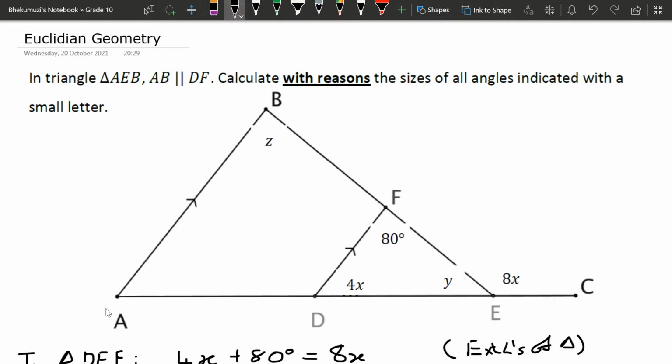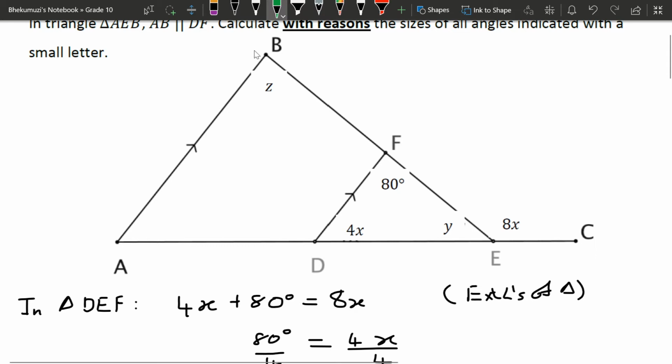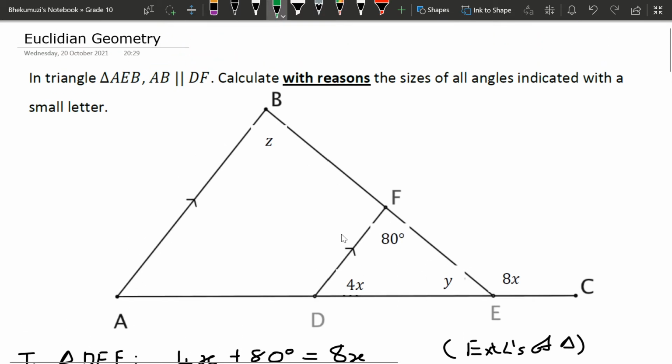How can we calculate x, y, and z? The first thing you should notice is that we actually have two triangles. We have one big triangle, which is ABE, and then one small one, DFE.